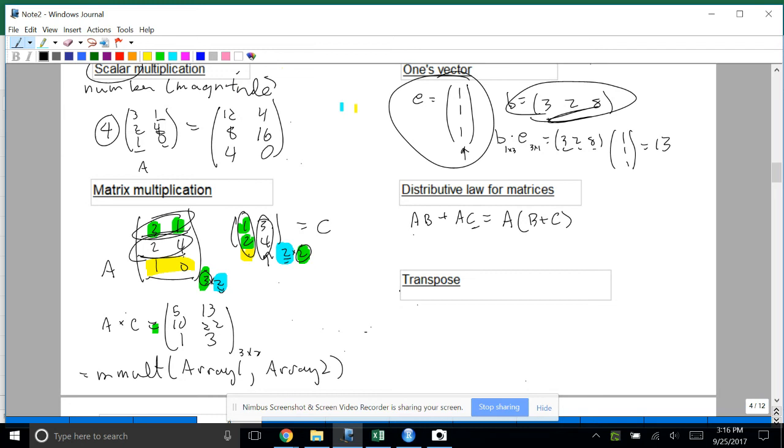So let's say that A is a 2 by 3 and B is a 3 by 1. And so if we're adding these two things, they have to be the same dimensions, 2 by 3 by 3 by 1. And so when we multiply it out, we're going to get a 2 by 1 matrix. All right, so we can factor out the A.